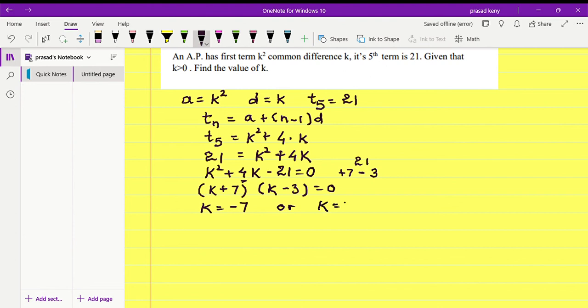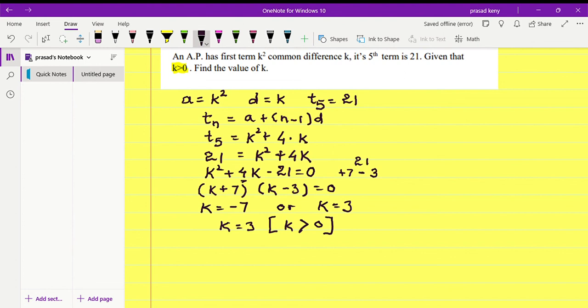Now be careful, it is given that k is greater than 0, k is positive. That means out of these two values, only one value is acceptable, that is k is equal to 3. Since k is greater than 0, we will not accept minus 7 as a value of k.